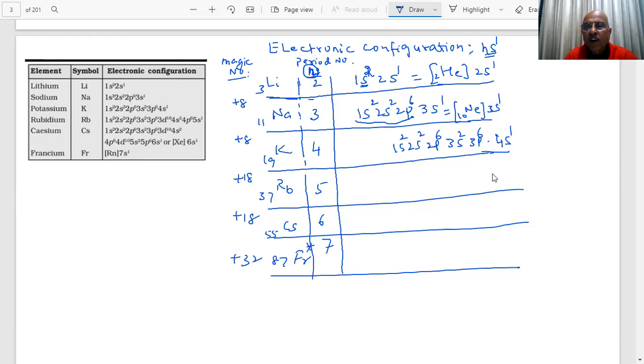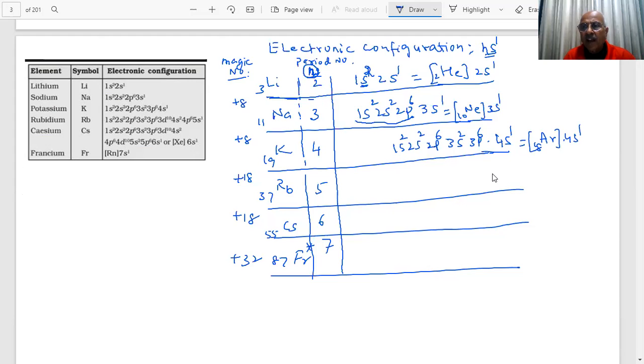This is how I write the electronic configurations. If I write in terms of noble gas, add 8, 18, argon. 18 is the noble gas configuration, argon, student. And you have 4s1. So I can write it like this. Yes or no?